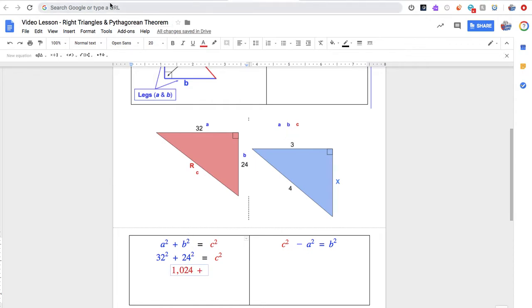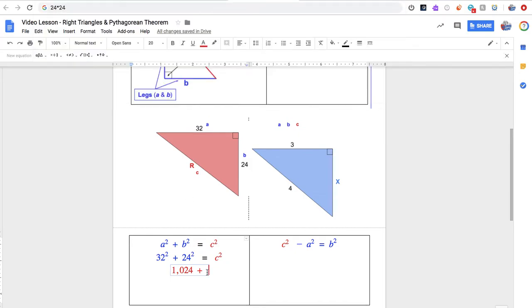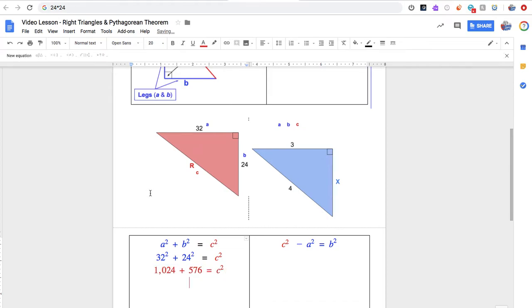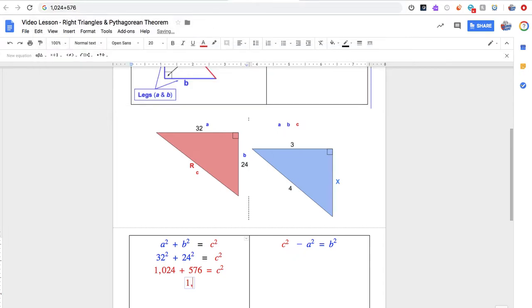And 24 squared, or 24 times 24, should give us 576. That's still equal to c squared. With the last two steps, which are going to be add those two numbers together, 1,024 plus 576 leaves us with 1,600, which is equal to c squared.